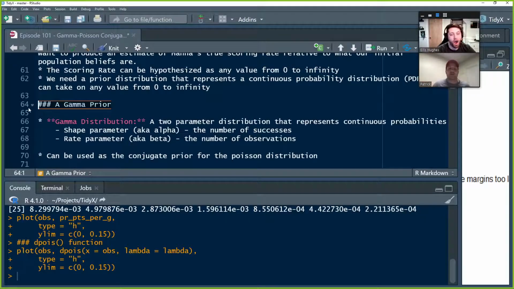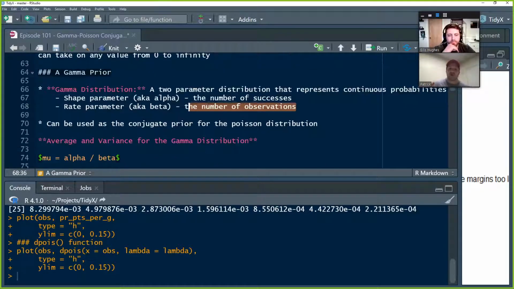The gamma distribution is a 2-parameter distribution, and it represents continuous probabilities. And the 2 parameters are the shape parameter, or sometimes referred to as the alpha parameter, and that's the number of successes, and the rate parameter, or sometimes referred to as the beta parameter, and that's the number of observations.